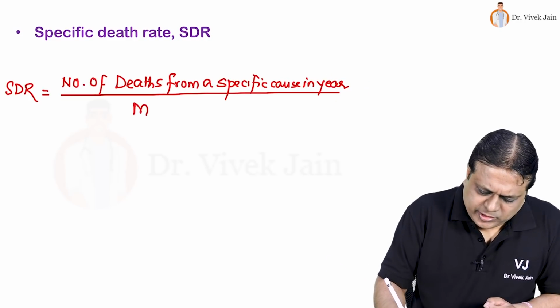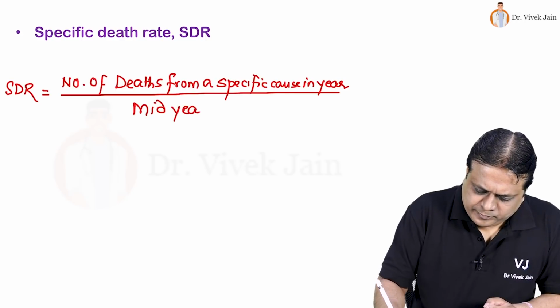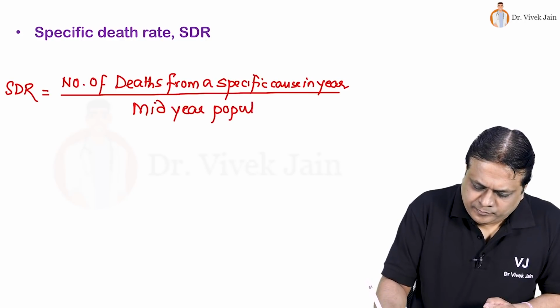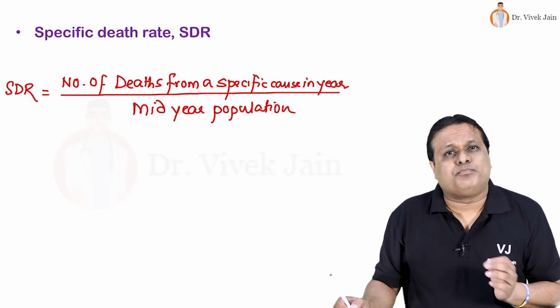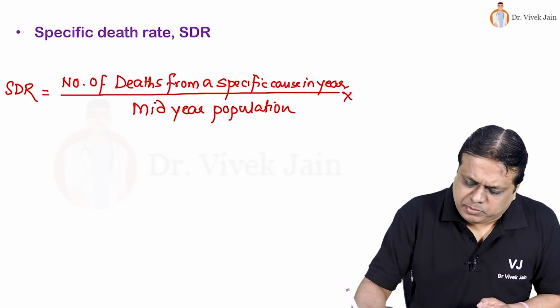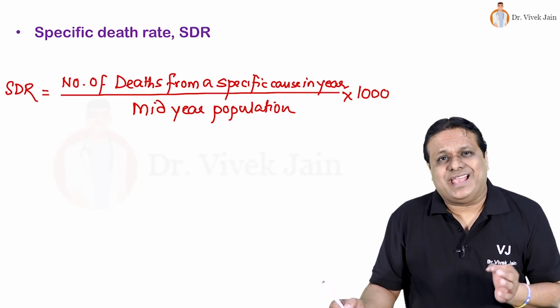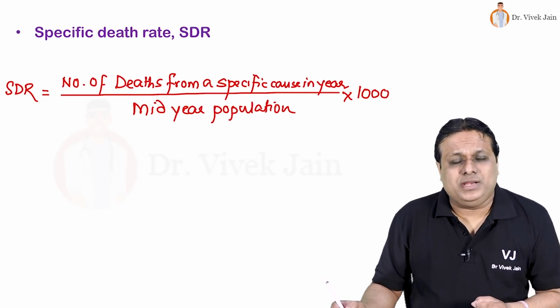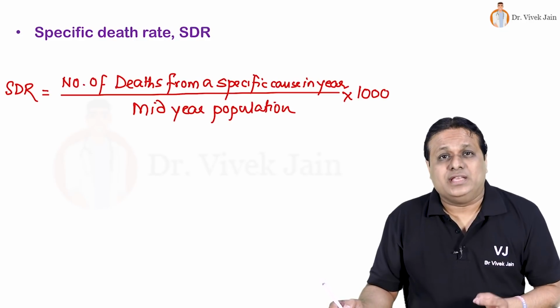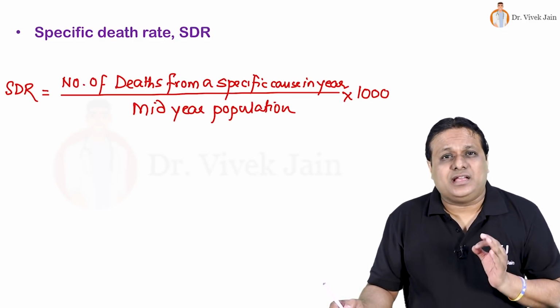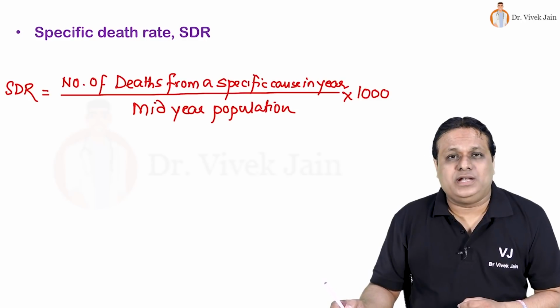Denominator is mid-year population and multiplier is 1000. This SDR, what is its utility in public health? It helps you identify specifically at-risk groups for a particular disease.